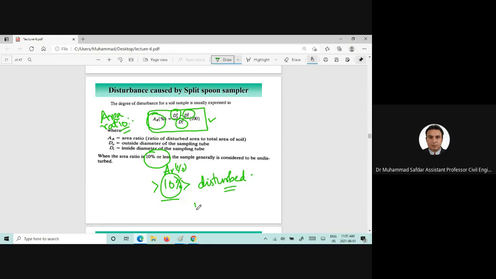And if it is equal to or less than 10%, this will give us the undisturbed sample. For area ratio percentage which is less than 10%, it will give us the undisturbed samples.